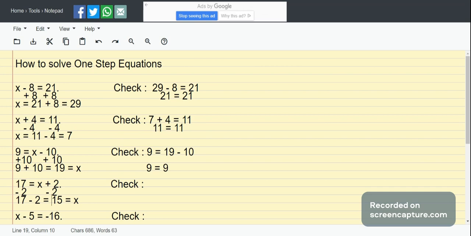To check if 15 is the correct answer, you substitute the 15 into x. 17 equals 15 plus 2. Yes, 15 plus 2 equals 17, so 15 is the correct answer in this problem.